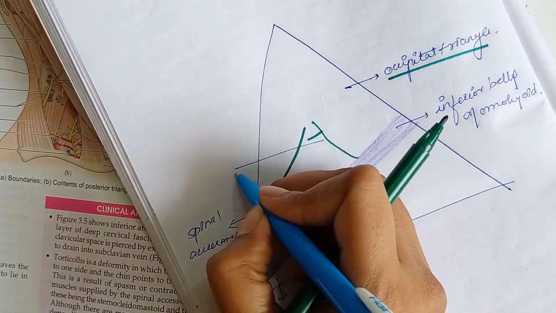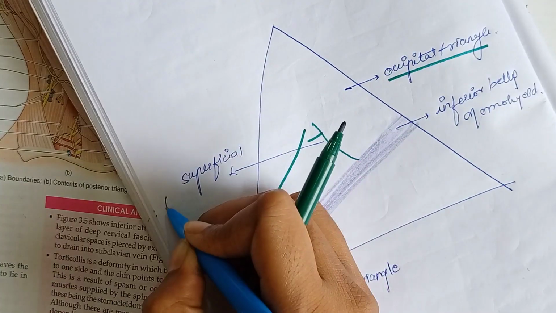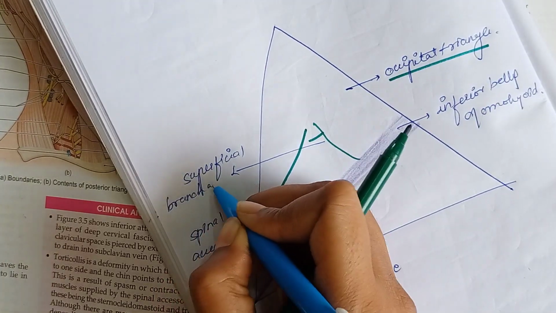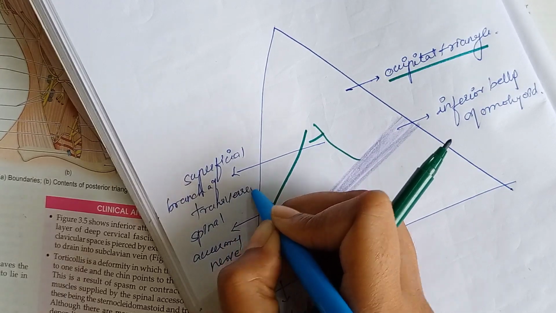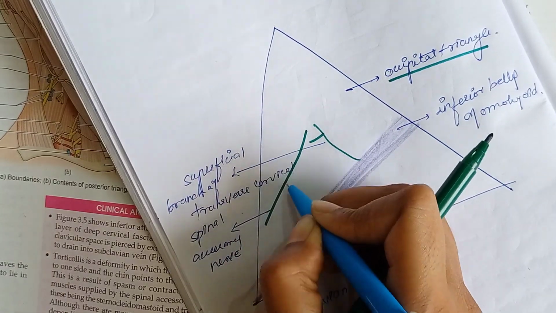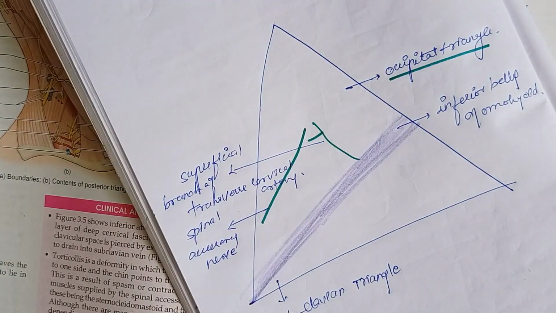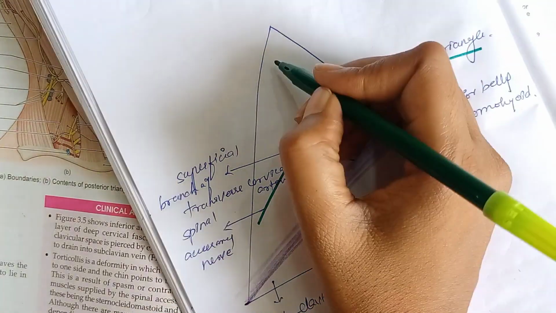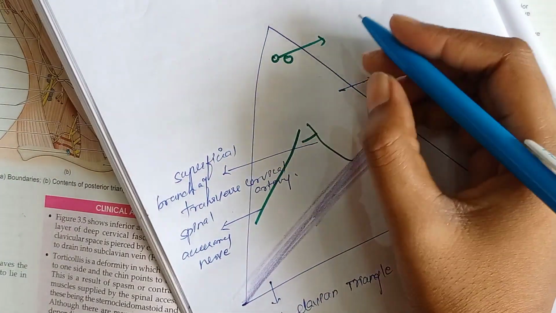This is the superficial branch of the transverse cervical artery. This is an artery. The occipital lymph node is present here.